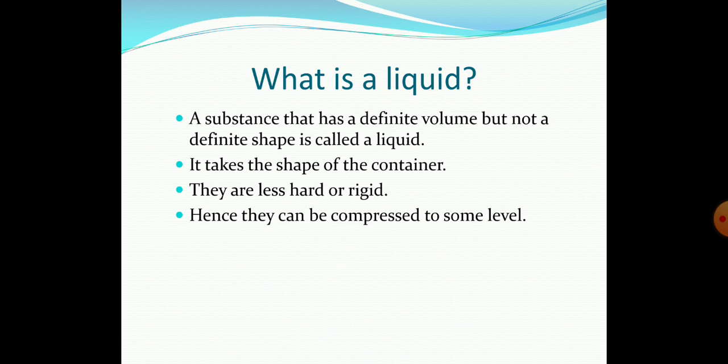Coming to what is a liquid? A liquid is a substance that has a definite volume but does not have a definite shape. It takes the shape of the container. They are less hard or rigid and hence they can be compressed to some level.